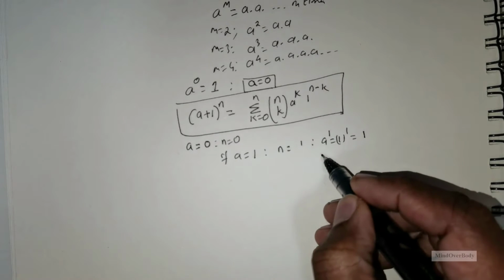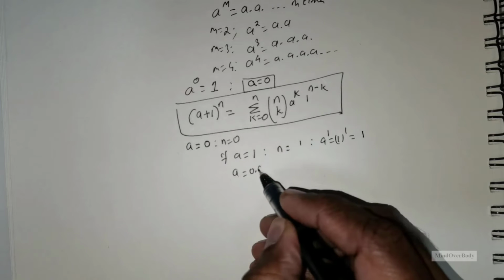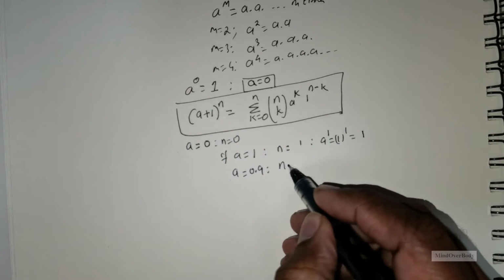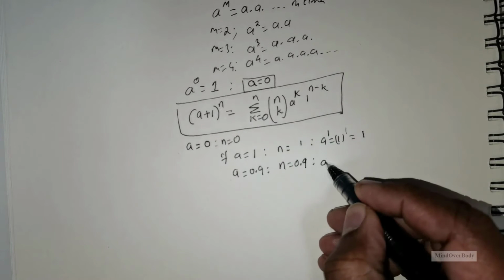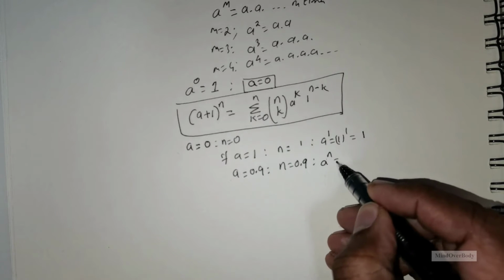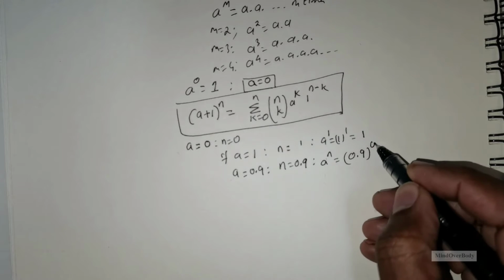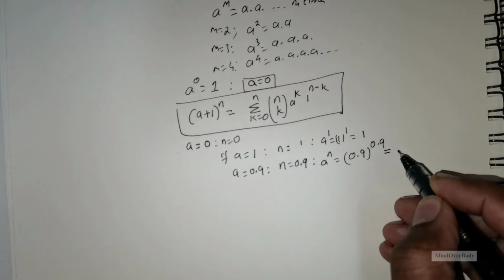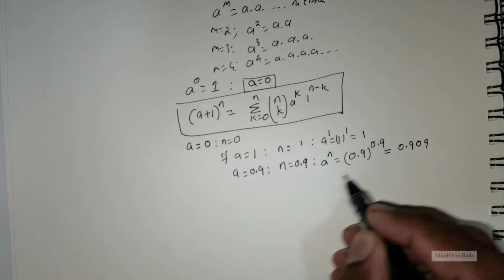Now if I were to take the value of a as 0.9 and the value of n as 0.9, then a raised to the power n is 0.9 raised to the power 0.9. This value would be approximately 0.909.